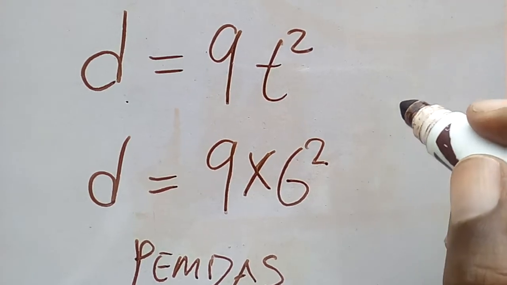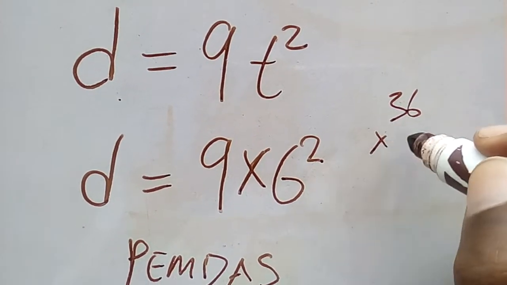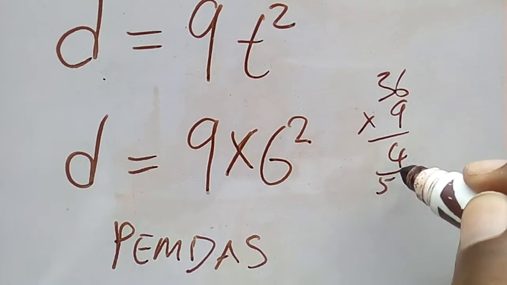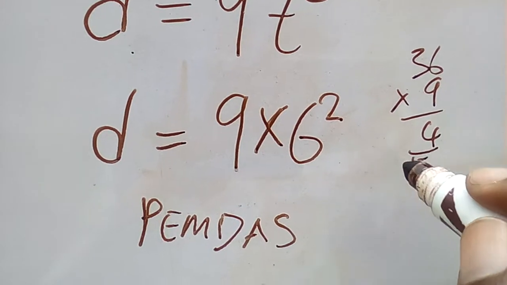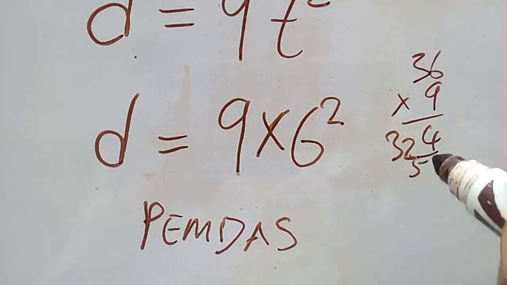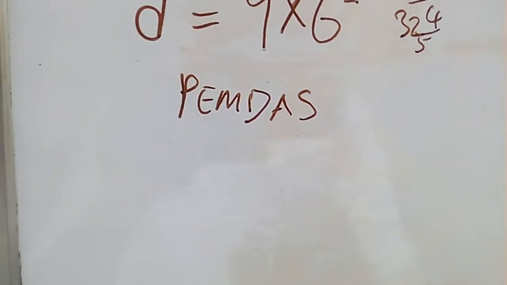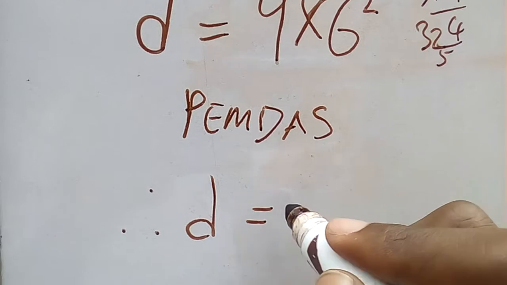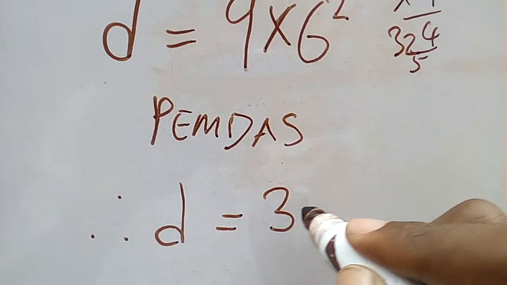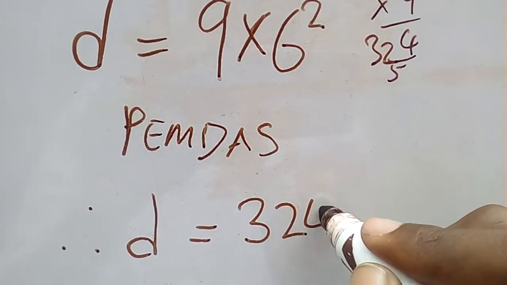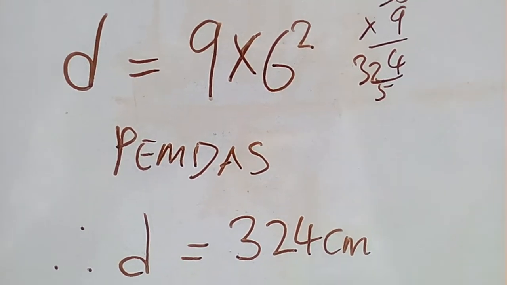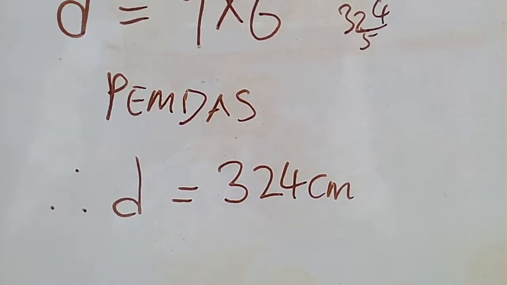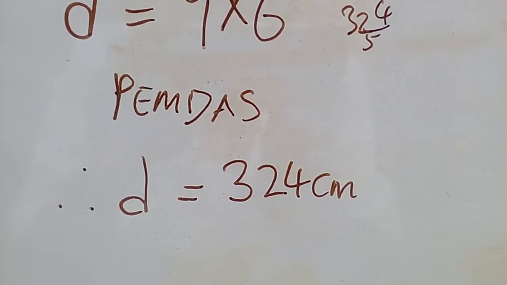Let's quickly do a calculation here. 9 times 6 is 54. 9 times 3 is 27. Plus 5 is 32. So D is going to be 324 centimeters.